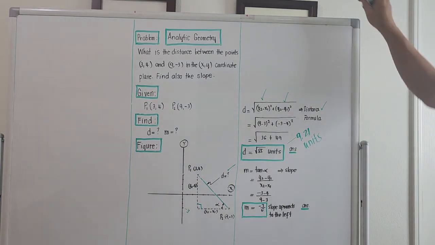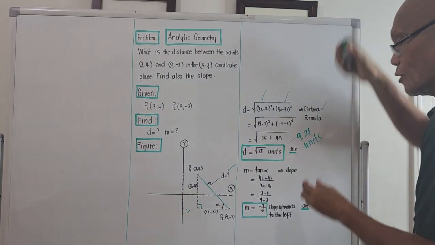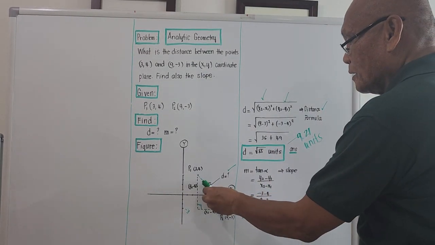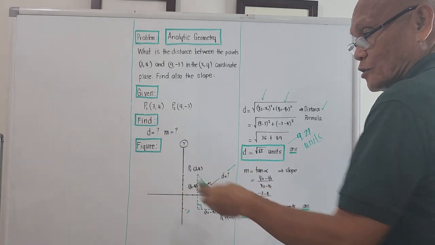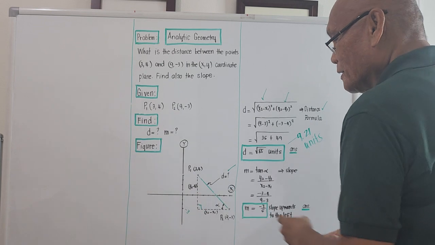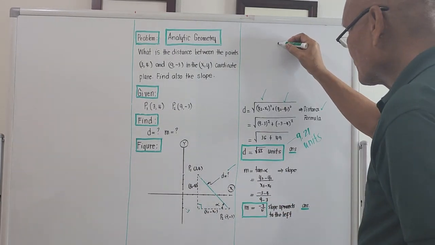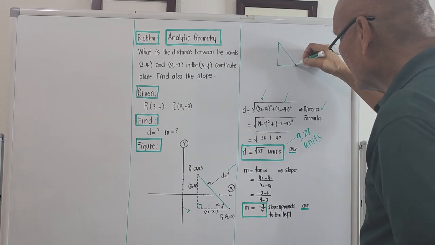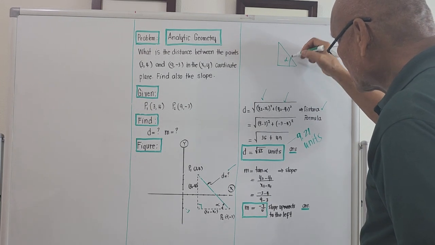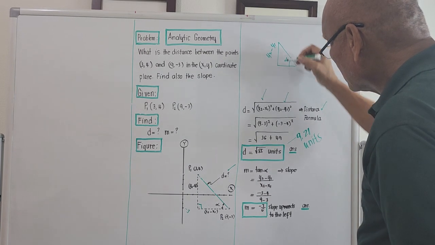Okay. For the angle, for the slope of this line here, we are expecting a negative slope, meaning a slope that falls on the second quadrant. If we try to compute for the slope, we represent this angle as alpha. This is y2 minus y1.